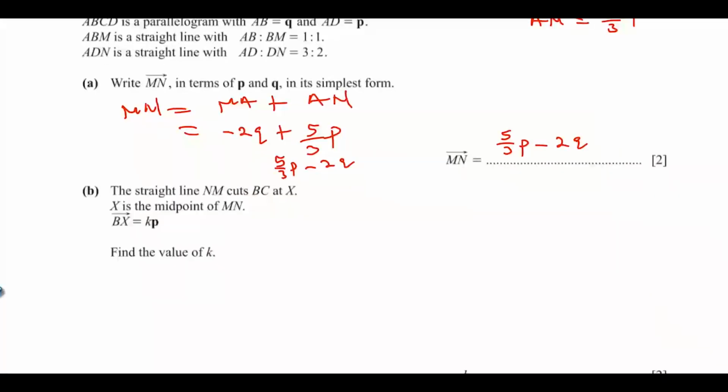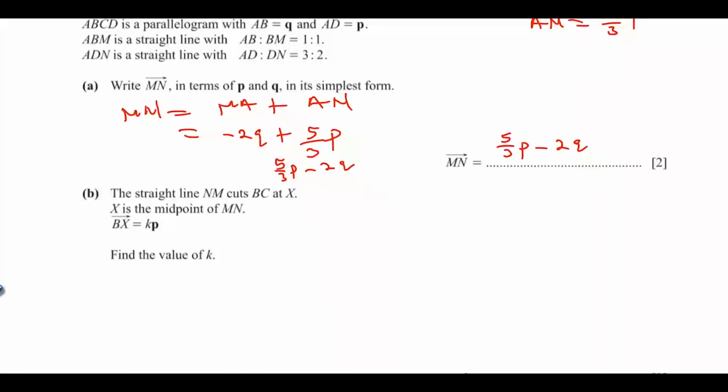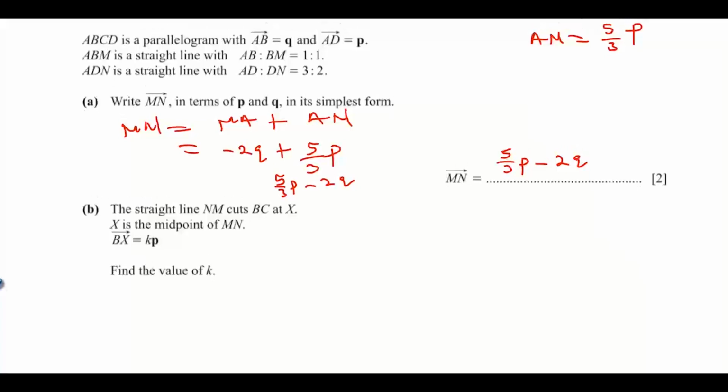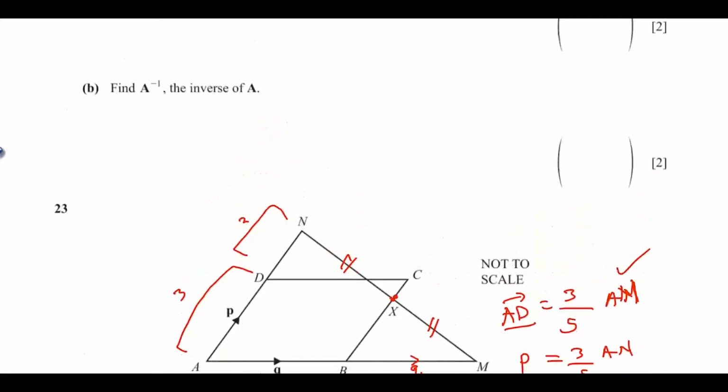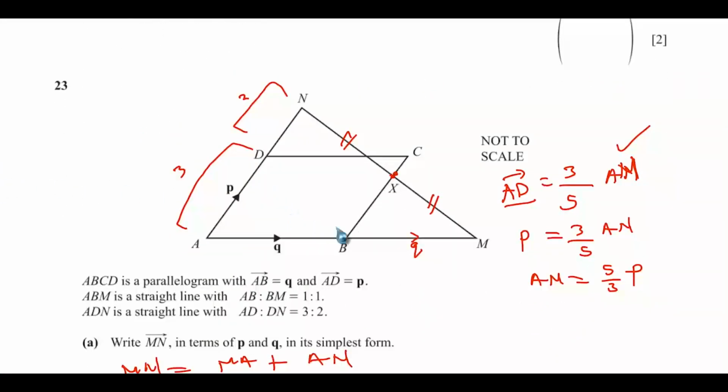So the first thing we need to do is to find the value of BX. If you want to find BX, let's go to the diagram here. BX will be this. So BX will be equals to BM plus MX. So that is the direction, BM plus MX.